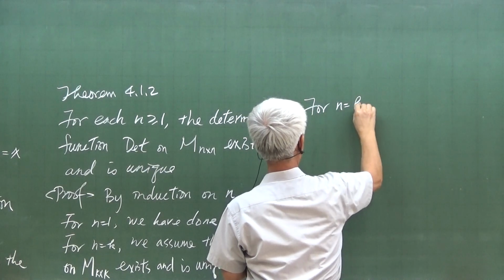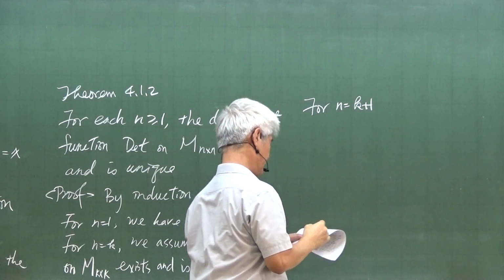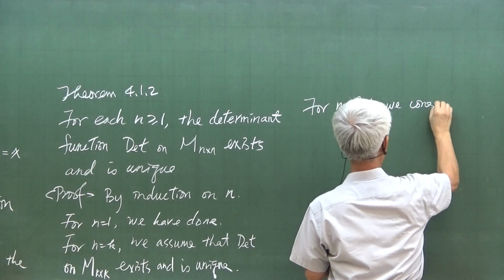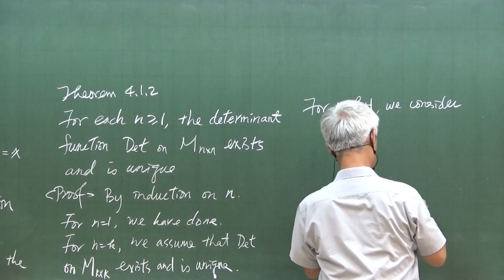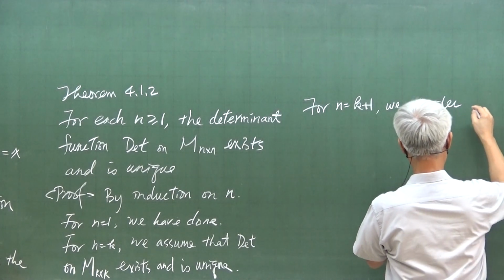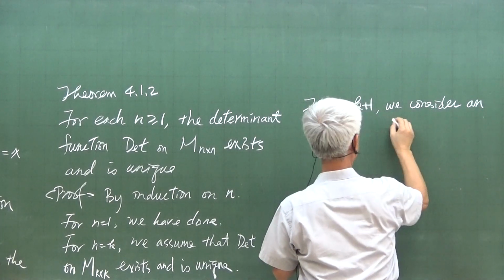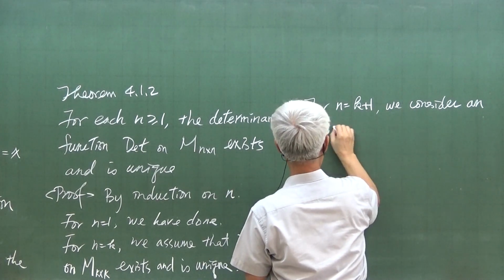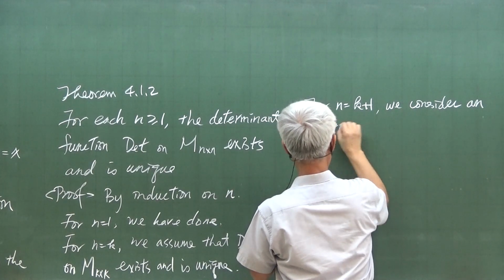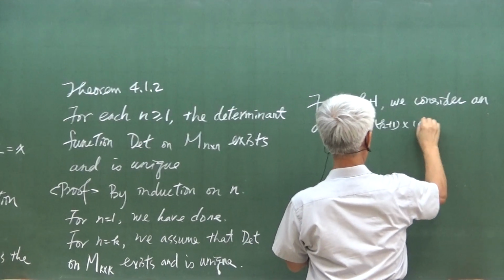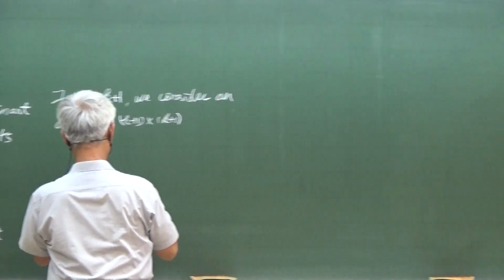Now we go to n equal to k plus 1, and we consider an arbitrary k plus 1 times k plus 1 matrix.